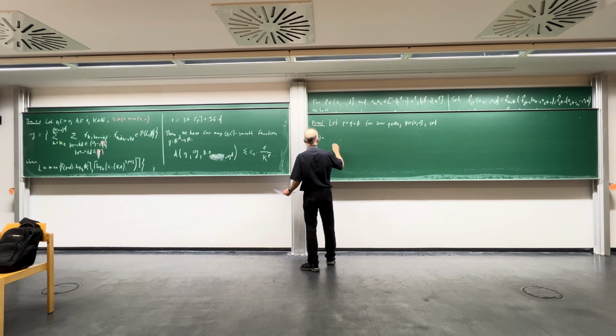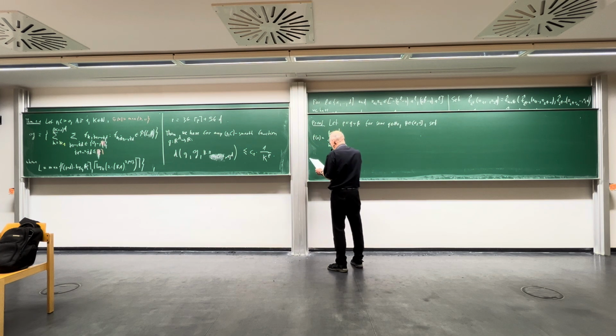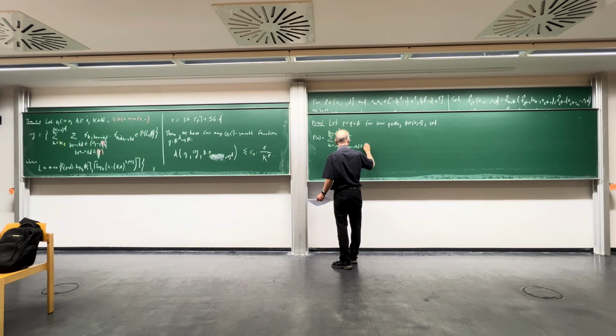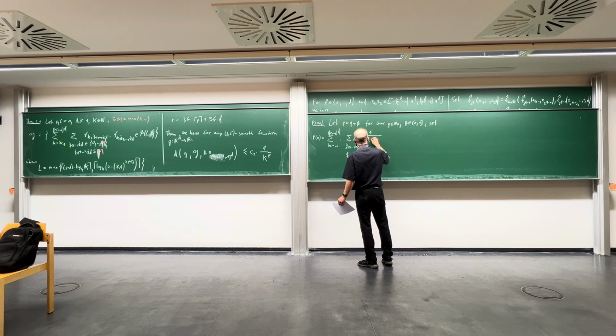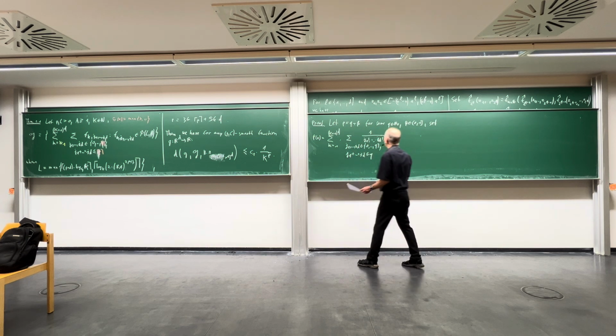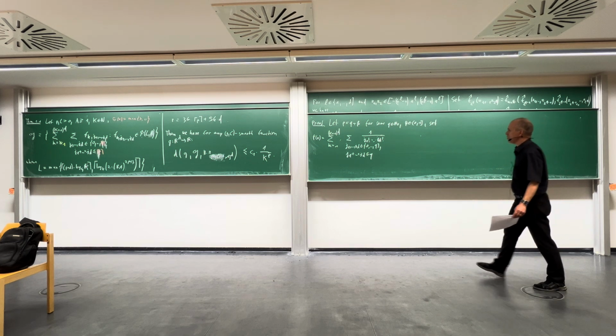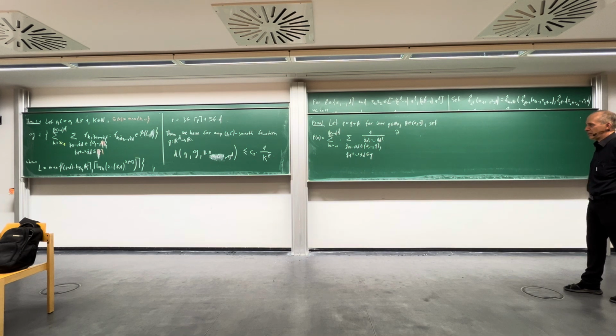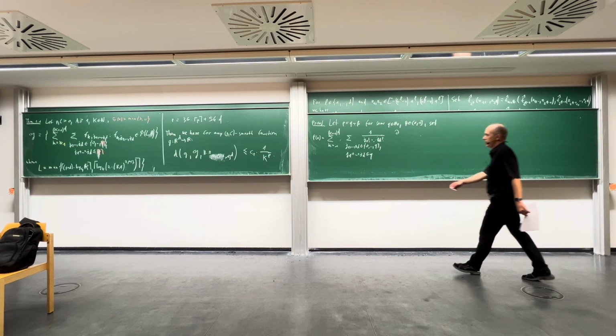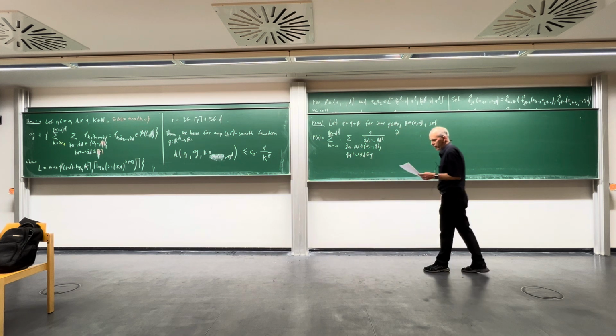And this formula we had: a sum over j1 to jd, with sum equal to q, we have this product of the factorials of j1 to jd, and I use the partial derivative of g with j1 in the first direction, j2 in the second direction, and so on.